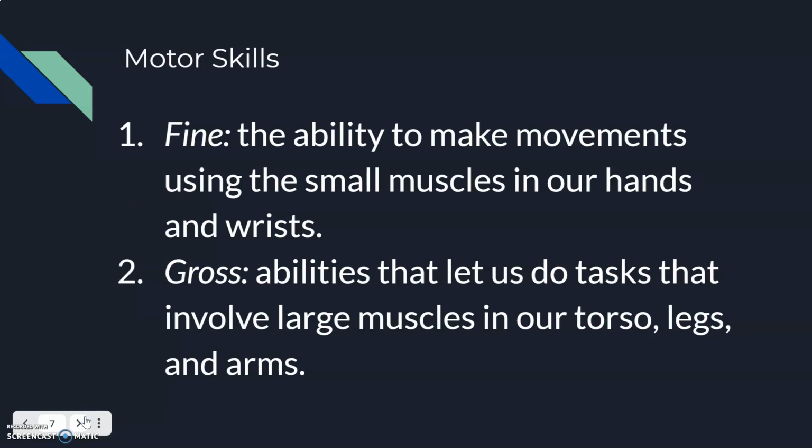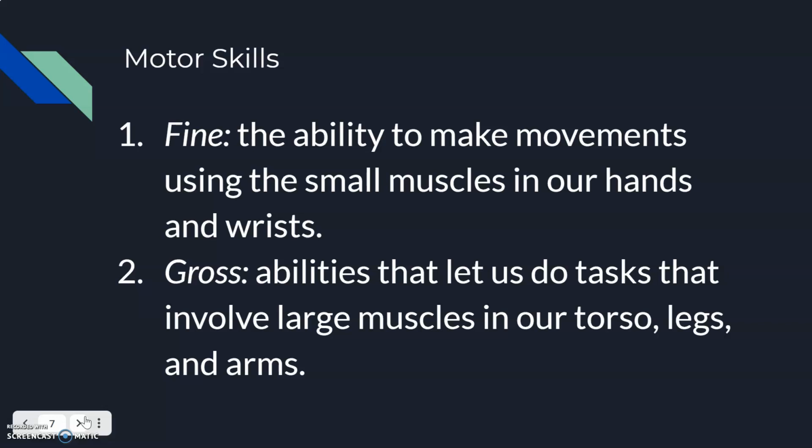Now, as previously mentioned, there are 2 types of motor skills that are addressed in the ABLLS, and these are fine and gross motor skills. Fine motor skills, by definition, is the ability to make movements using the small muscles in our hands and wrists. This includes picking up stuff, writing, communicating with our hands, communicating with our movements of the wrist, things that we do that seem small but are actually contributing to something greater.